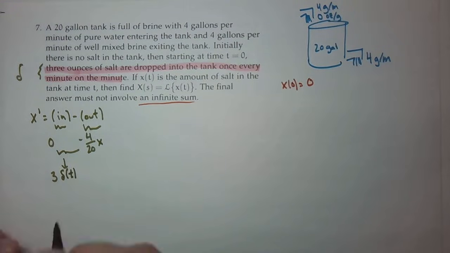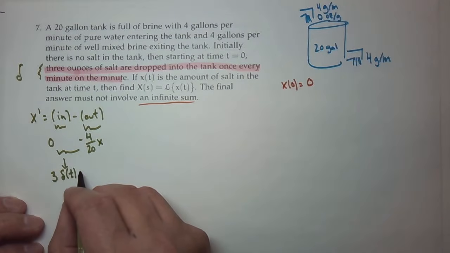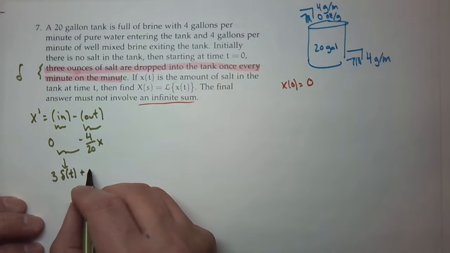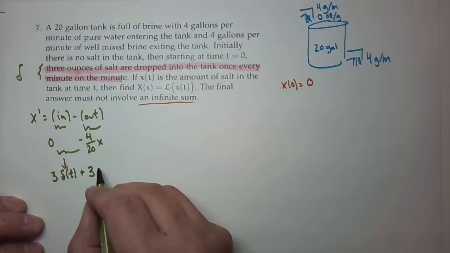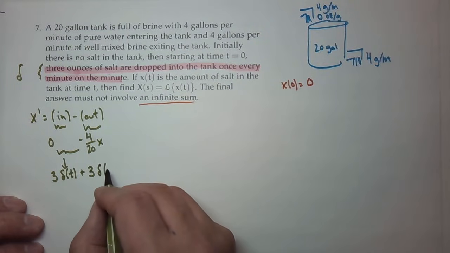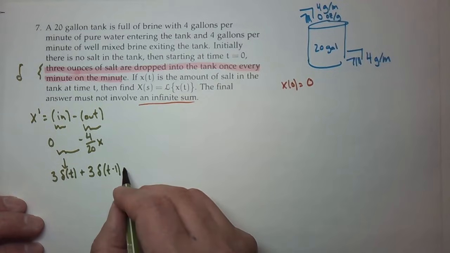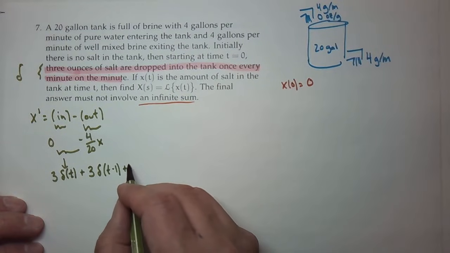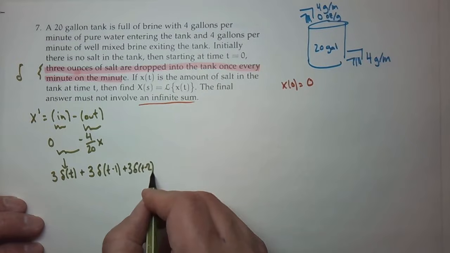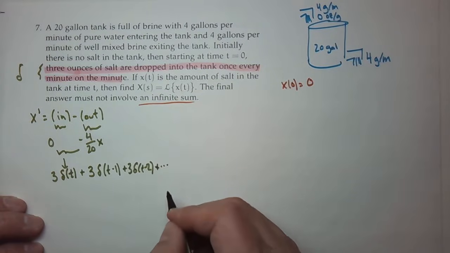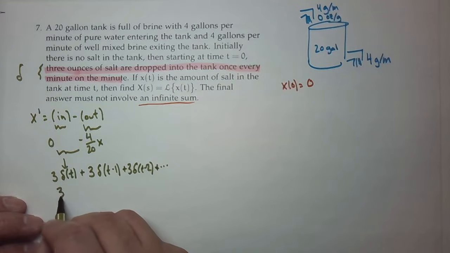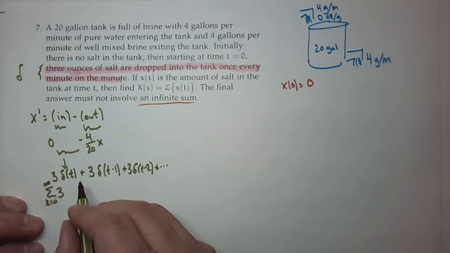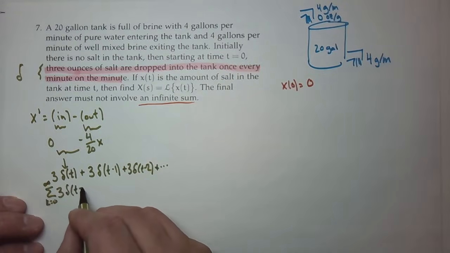Pow. How do I add 3 more ounces at time 1? It's another 3 ounces. Time 1 would be delta of what? T minus 1. How do I add 3 ounces at time 2? 3 delta T minus 2. When do I stop? Never. So this could be written as 3 times a sum from time 0 to infinity, delta T minus K.